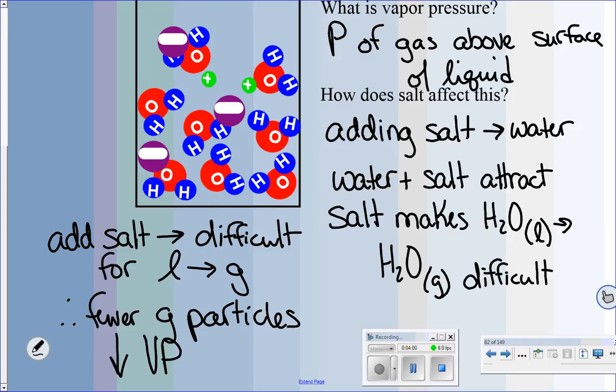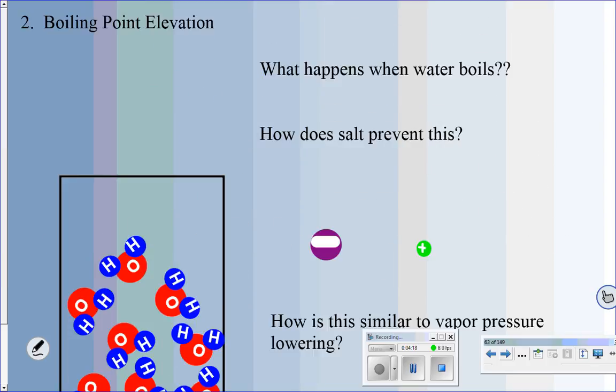I know that's a lot, but generally the idea is that salt makes it harder for water to evaporate. Fewer particles in the gaseous state means lower vapor pressure. You are not frequently asked about this. You're more frequently asked about boiling point elevation and freezing point lowering.